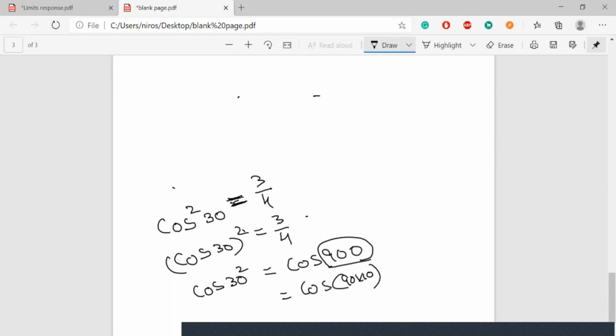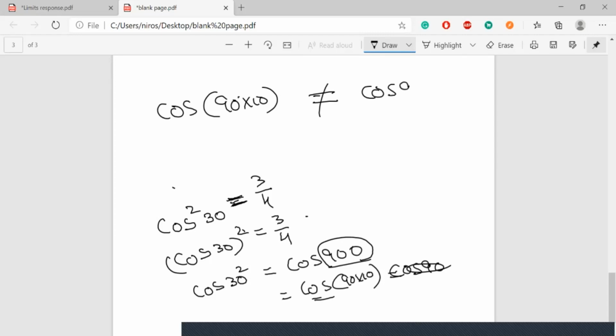No, no, what I'm telling is, cos of 90 into 10 is not equal to cos 90 into 10 separately. You cannot write it as 0. Here also you're separating. If you're writing 0, you're taking this separately and 10 separately. As I told, this total is one thing. You cannot separate it. Okay?